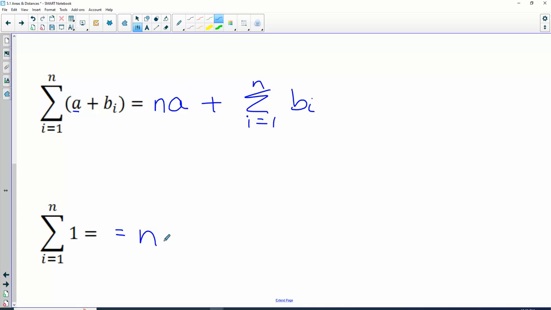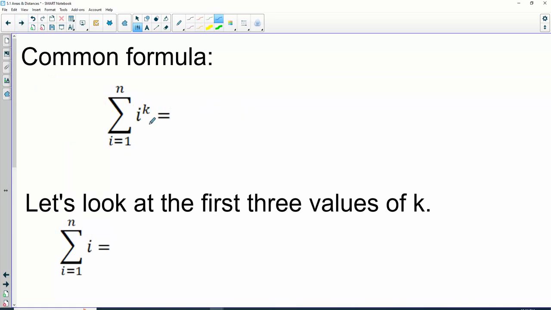We can talk about some rules, like how do you know that if you add up 1 through 100, what that equals without sitting there and doing 1 plus 2 plus 3 plus 4 all the way up to 100? Okay, that's time consuming. So there are shortcuts. We are going to talk about powers of i. On this one, my base is the thing that changes, not the exponent.